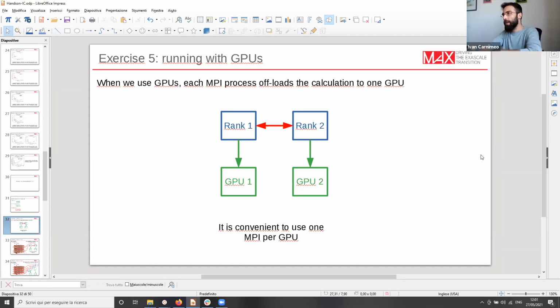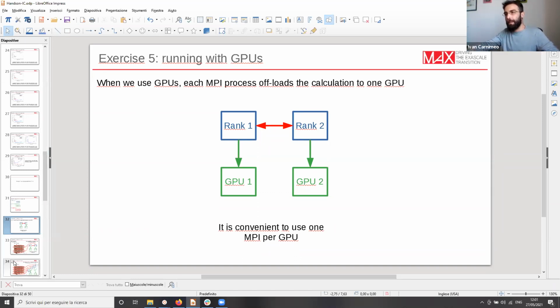This operation is usually called offloading or data transfer, because you really transfer the data from the RAM, from the memory of the CPU nodes, to the memory of the GPU cores. So it is really a transfer of data that are written on the GPU memory. But the important thing you have to keep in mind is that the MPI processes receive part of the data, and they send it to the GPU. The GPU does the calculation, and then the data is returned to the CPU.